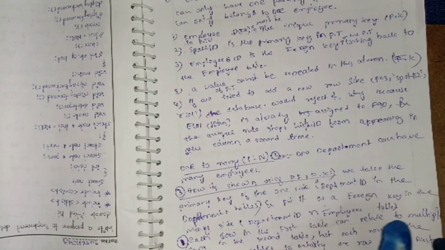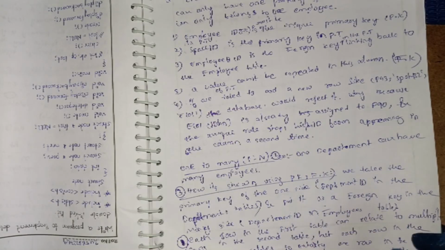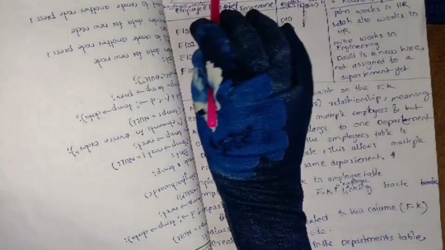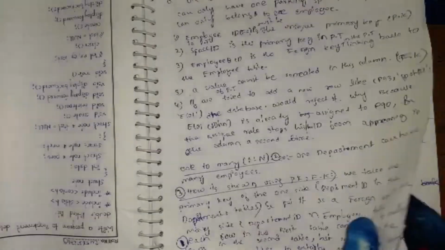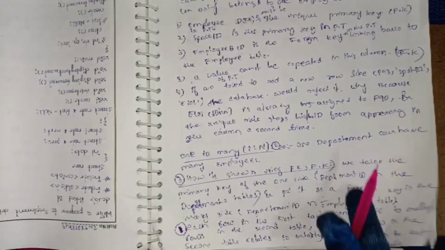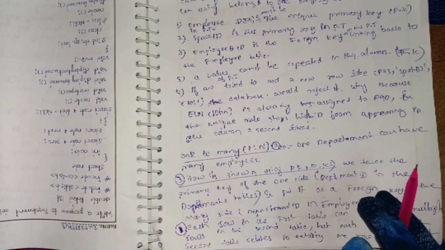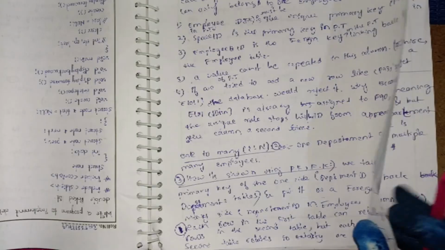Department table is the one side and employee table is the many side. So primary key of the one side, this department ID, we have put in the employee table, the many side, and in the many to one relationship also we are doing the same.